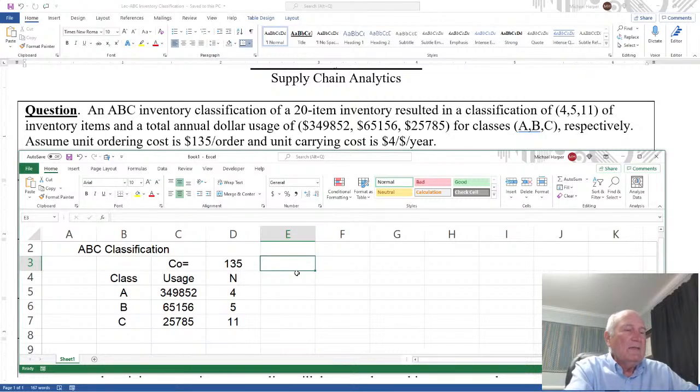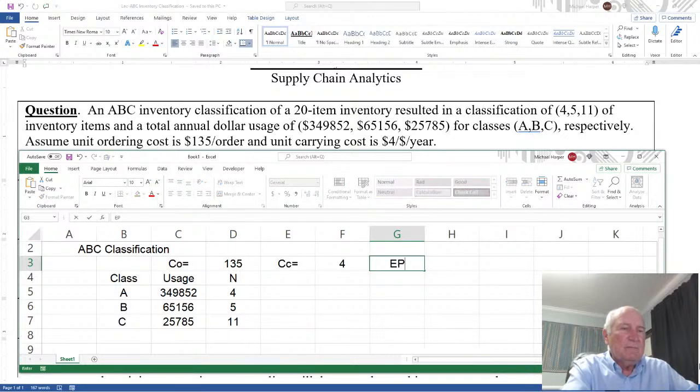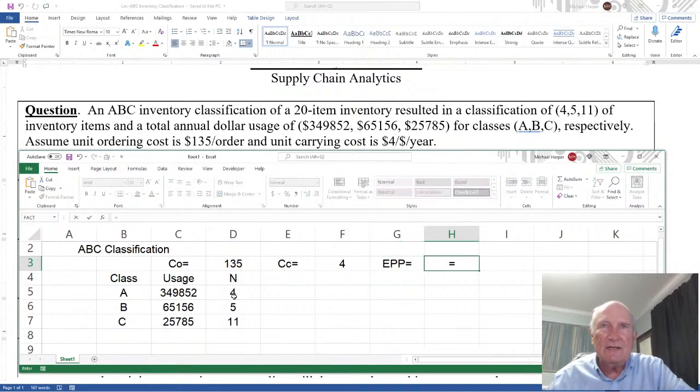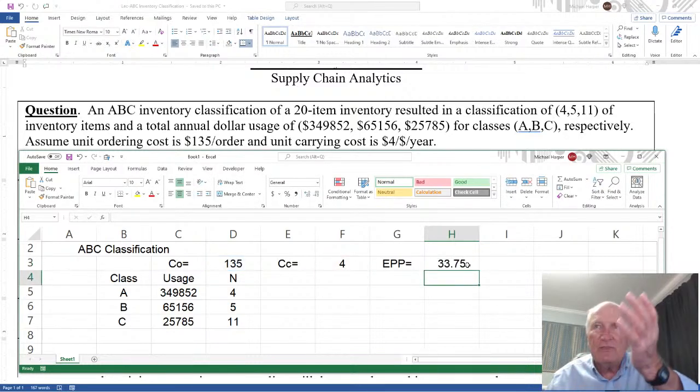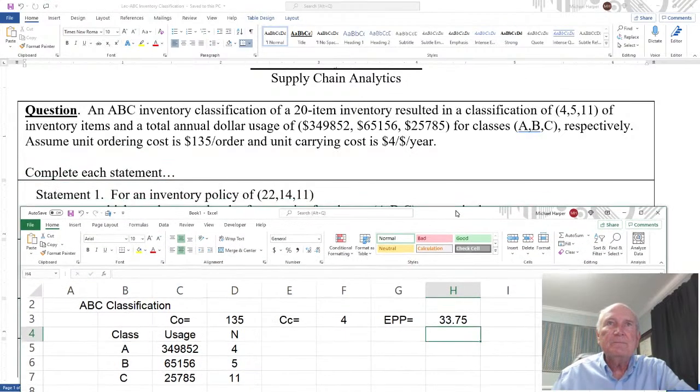Okay, and then C sub C is 4, but it's $4 per dollar per year. So therefore, the EPP will equal, which we've seen in class, the ordering cost divided by the carrying cost, which is 33 and 3/4.